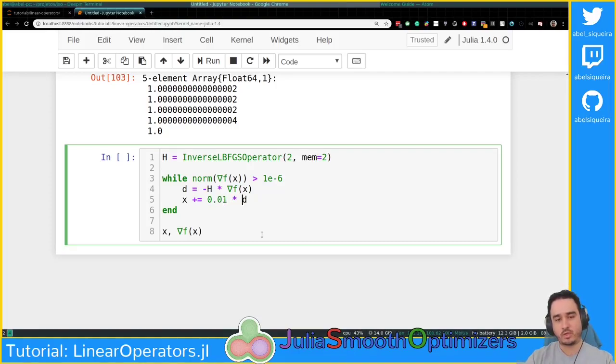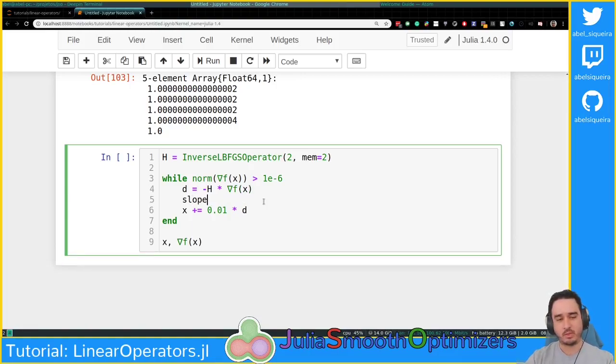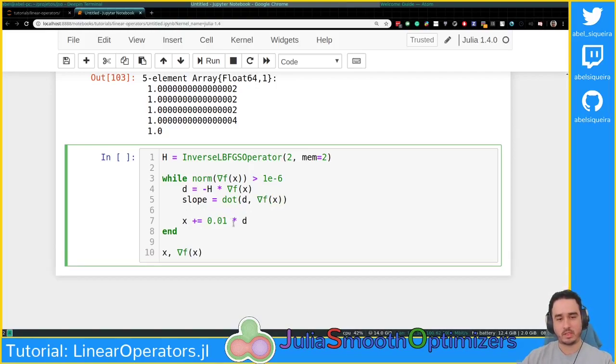I'm gonna use only a small fraction of the direction because I don't want to make a line search here. Could I do a simple line search? I think I'm gonna do a simple line search because, well, otherwise we'll feel bad about this.